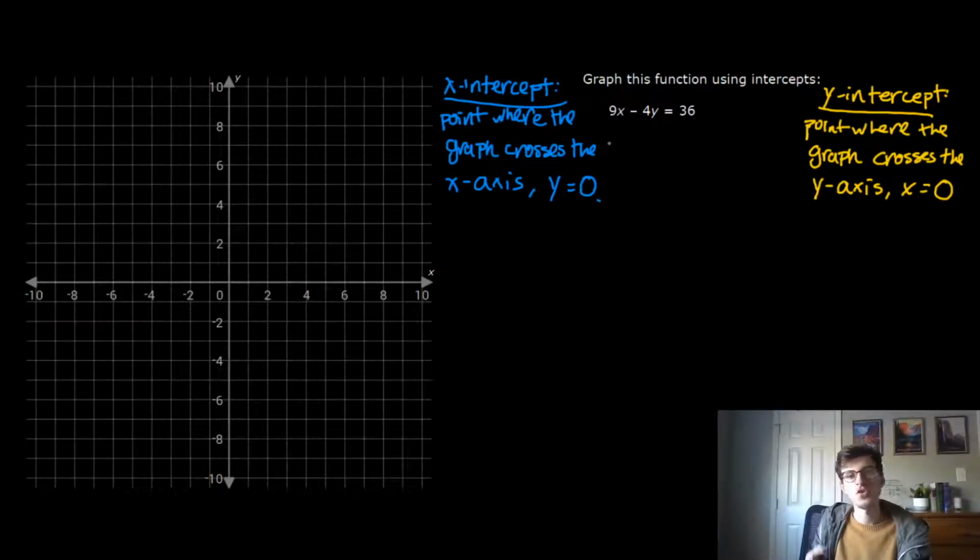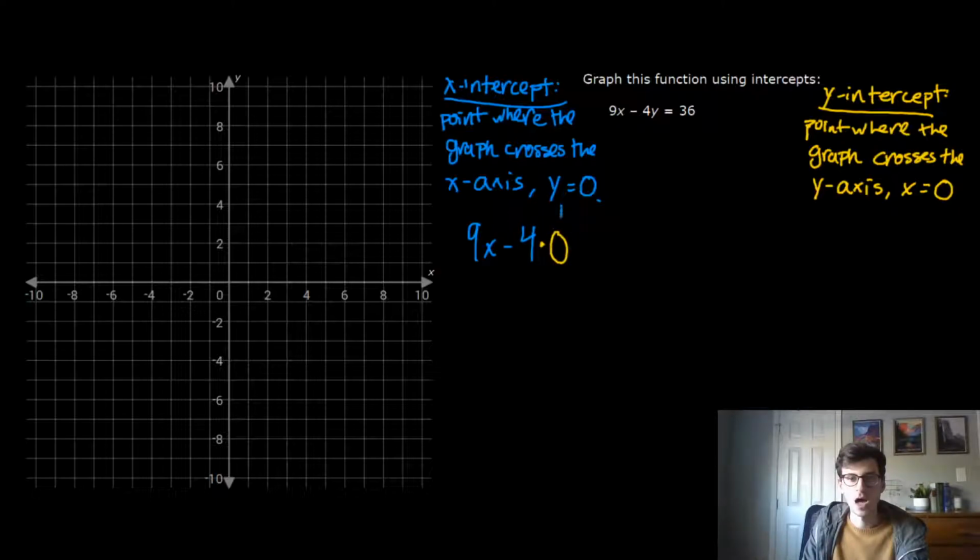So let's use this equation, and let's pick a point. We don't know what x is, but we know that y is 0. So that would look like this: 9x, I don't know x, minus 4 times 0.